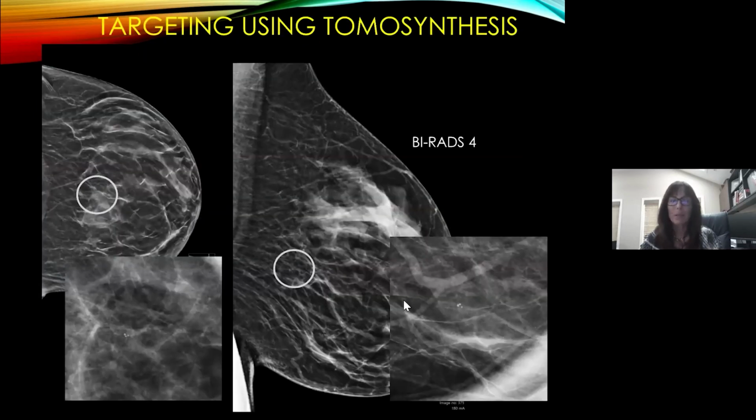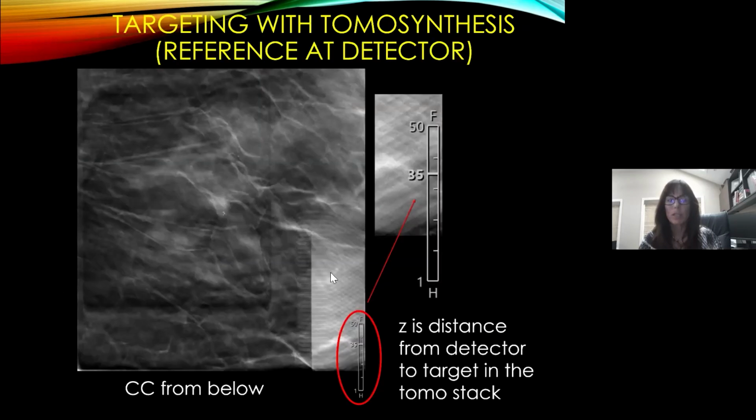An example of a patient who had a new group of calcifications in the left breast, showing you this group of 3, not particularly suspicious morphologically, but definitely new, and therefore needed to be biopsied. We chose to target these from an inferior approach, so a CC from below, and we obtain a tomosynthesis series.